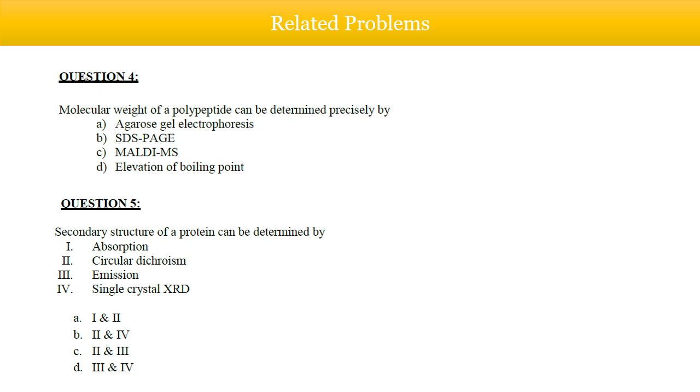Yes, we all know that we run ladders. We run different molecular weight ladders alongside our samples to give us a brief idea. But what about the precise size? Can we tell it precisely? Though it may not be precise, can we tell about the size?